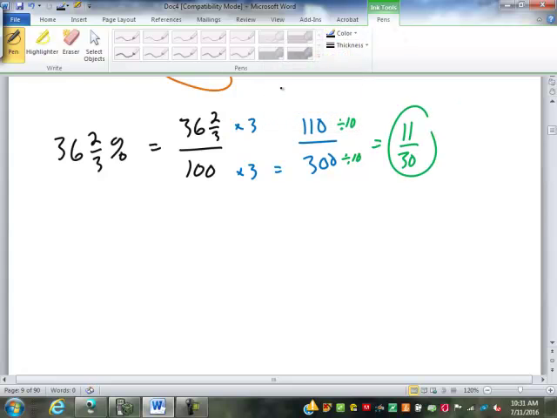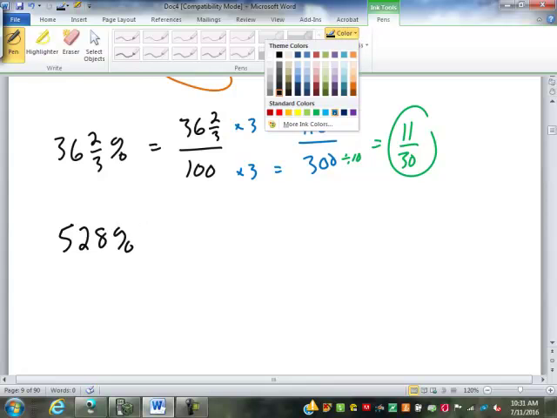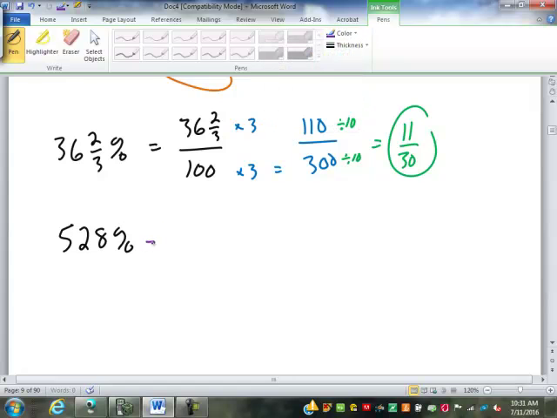Good. How do we change things if we have 528%? Well, the answer is not a whole lot. It's still 528 over 100. A lot of people get uncomfortable here.